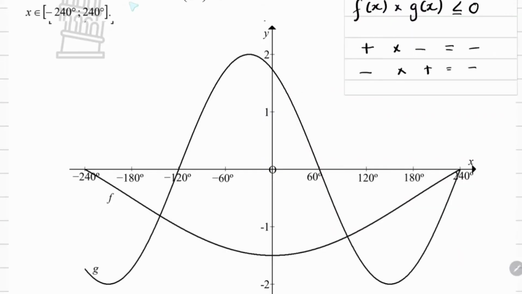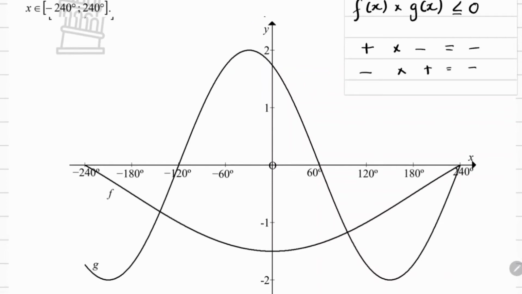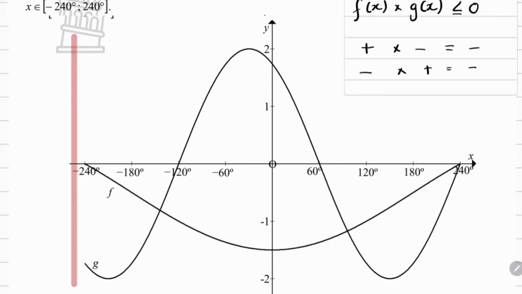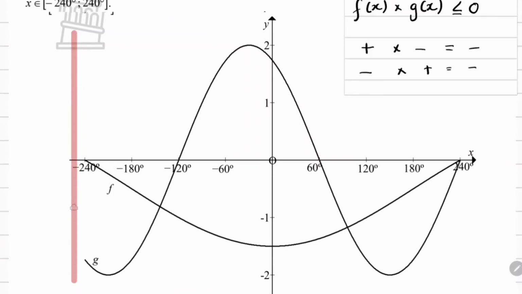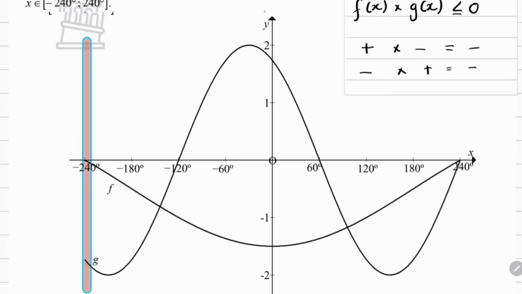When we're looking at our graph, something that really helps is using a vertical line. I use this vertical line, or you can use a ruler. That's going to help a lot. We're going to look through the graph for places where one graph is positive and the other is negative. Remember, these are their y values. Let's start from -240 degrees.